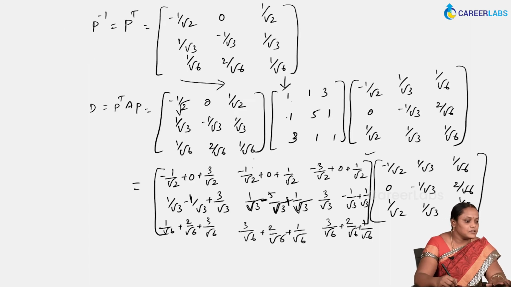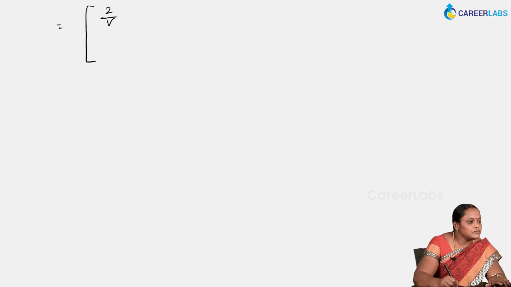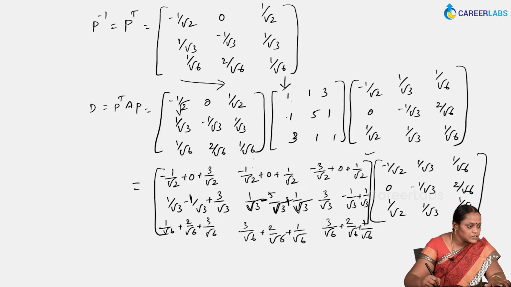So this is equivalent to, for the first element, minus 1 by root 2 plus 3 by root 2 will give you 2 by root 2. And here it is 0 and here it is minus 2 by root 2. So this is 2 by root 2, 0, minus 2 by root 2. Then for the second row, minus 1 by root 3 and 1 by root 3 will get cancelled, leaving 3 by root 3.